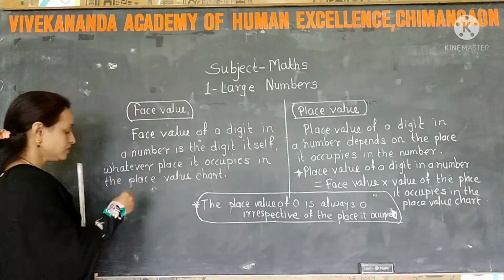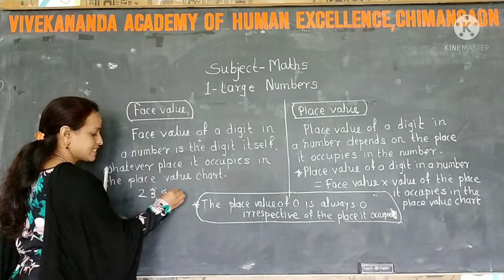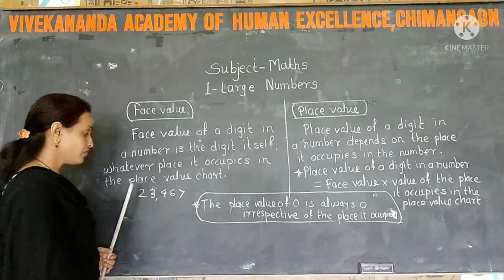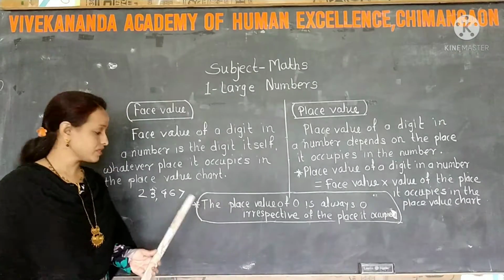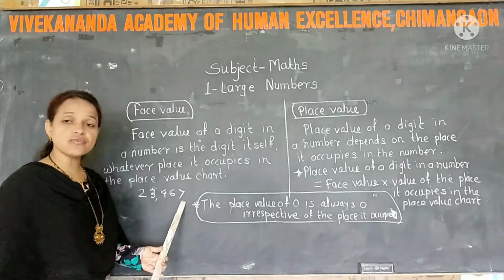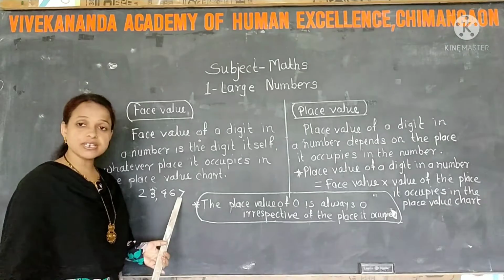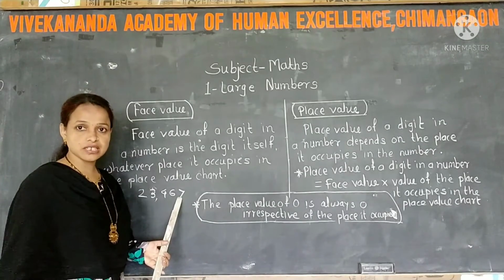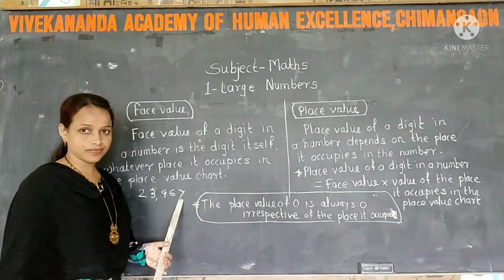For example, 23,467. If we have to find the face value of each digit, suppose we take the digit 7. If you observe that number, digit 7 is at the 1's place, but the face value of 7 is 7.